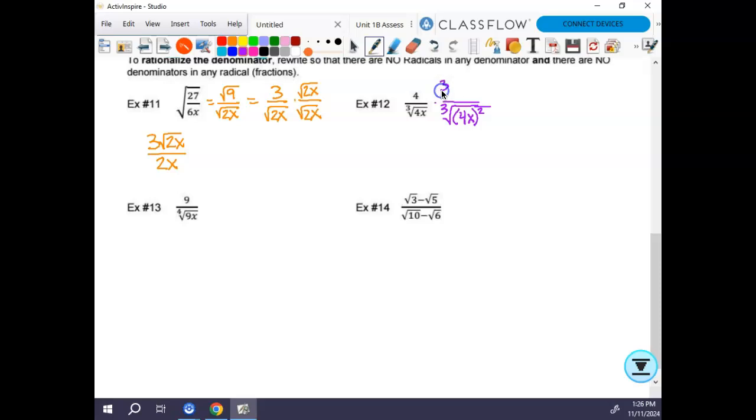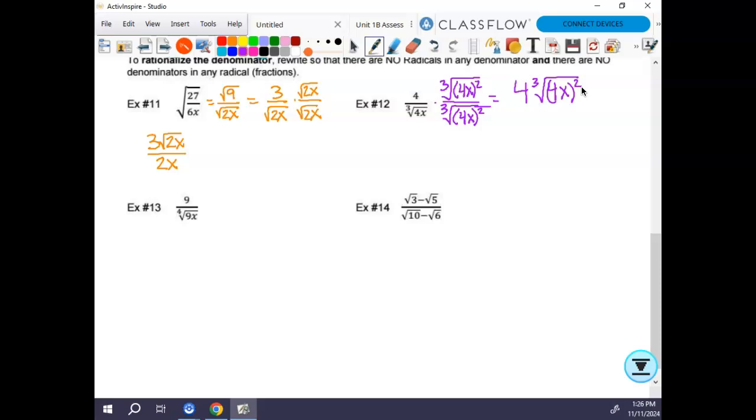This is the cube root, and then this has to be a value of 1. Okay? So when I multiply straight across, here's what happens. I get 4 times the cube root of 4x quantity squared. Okay, does that make sense in the numerator?